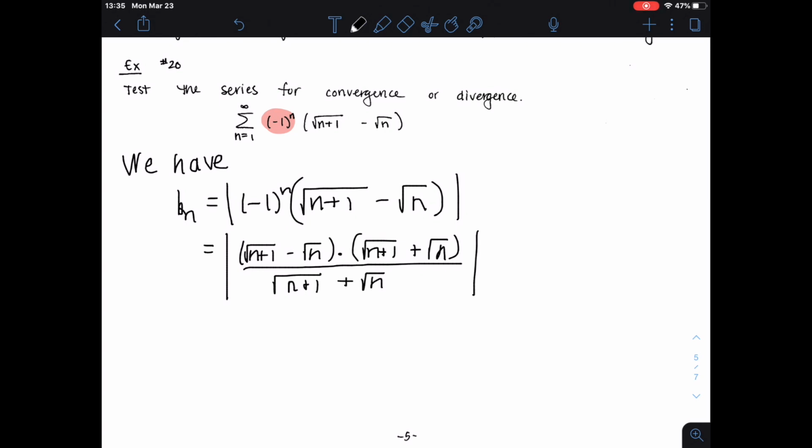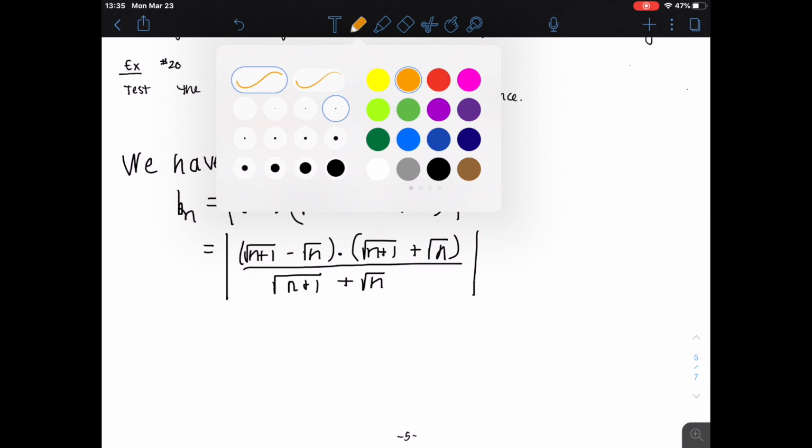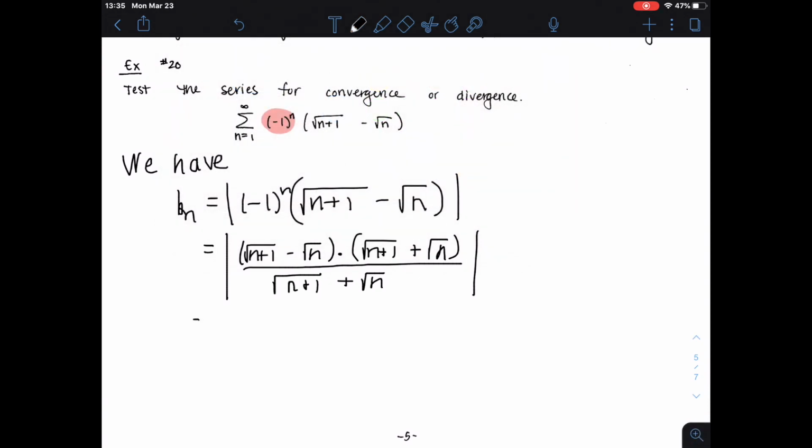Okay. So up top, when you multiply the 2 square roots, those just become n plus 1. The outer and inner are the same thing, but opposite in sign. And then the last term becomes negative root n times root n, so just minus n, over the square root of n plus 1 plus root n.